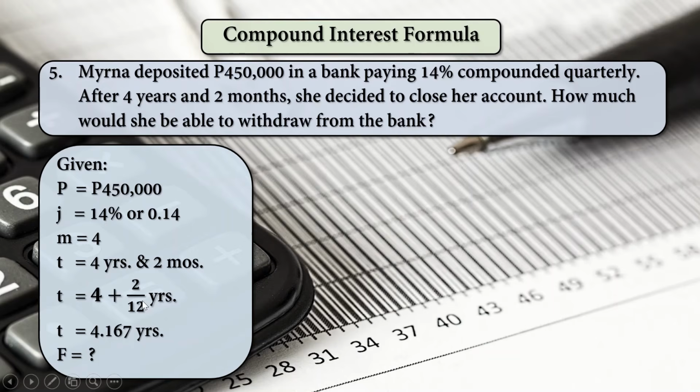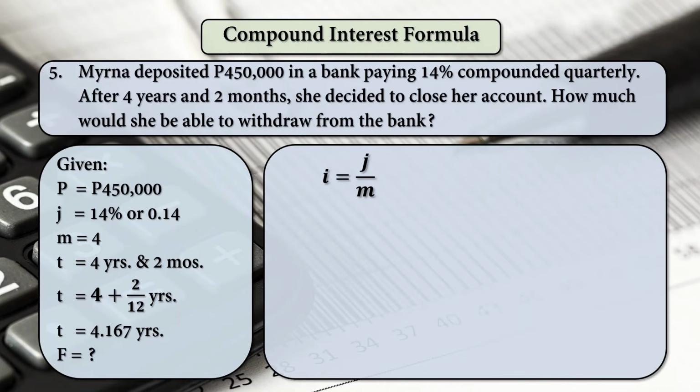So 2 divided by 12, kukunin natin yung decimal form nito, i-add natin sa 4. So 2 over 12 is equal to 0.167 plus 4 is 4.167 years. Okay, so again, finding for I, 0.14 divided by 4, that is equal to 0.035.